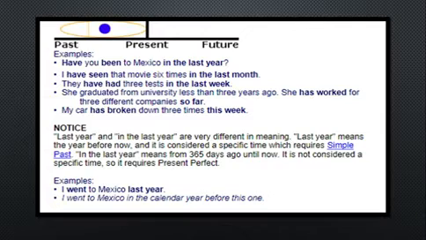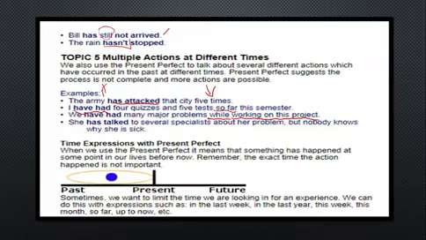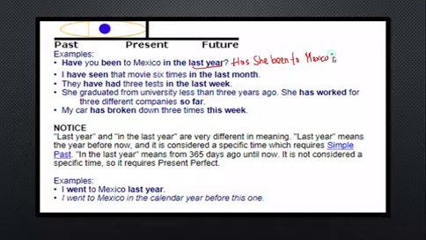Examples: have you been to Mexico in the last year? Have you been to Mexico in the last year? Or, for example, has she been to Mexico in the last week?